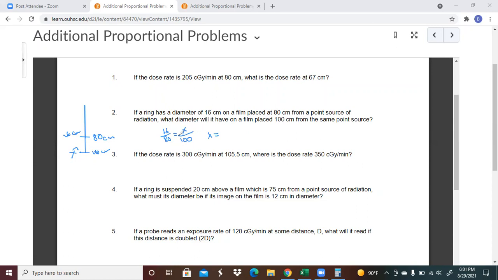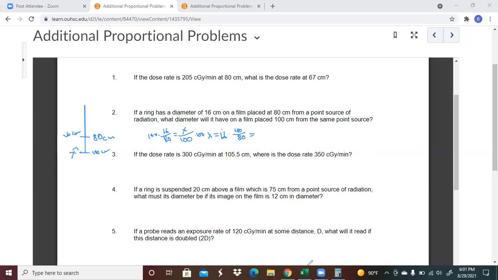So if we do the cross multiplication of the 100, what we end up with is 16 multiplied by 100 divided by 80. And what does that end up being?